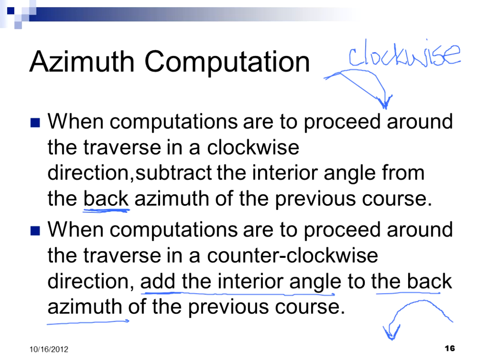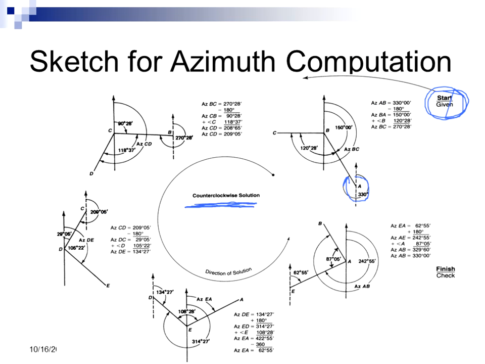Okay, so what next? Well, we're proceeding counterclockwise. We're going to add the interior angle to the back azimuth of the previous course.